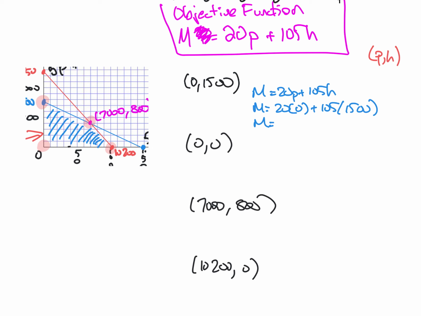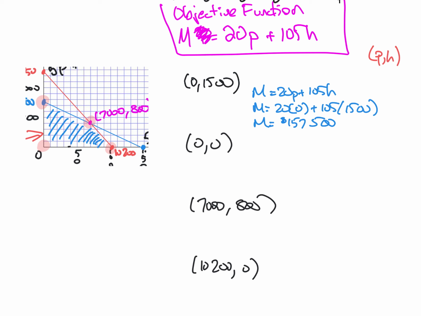But if we take 105 times 1,500, we get 157,500. That means if the band takes 0 programs and 1,500 hoodies, they'll make $157,500 in profit for the concert. Okay? So that is the first point evaluated.